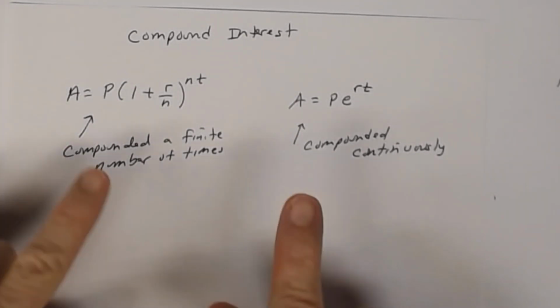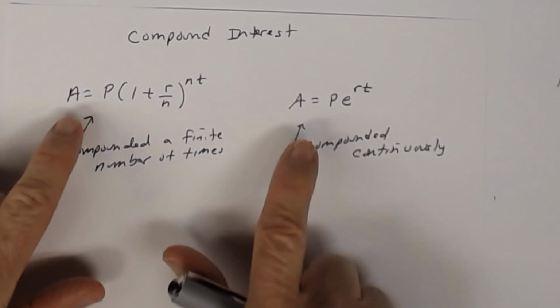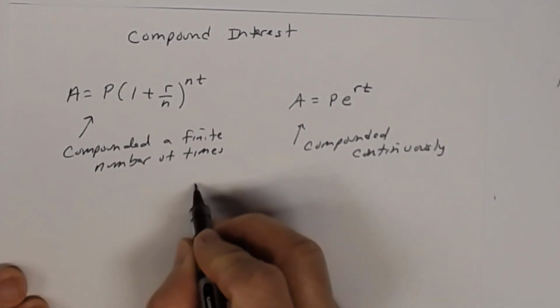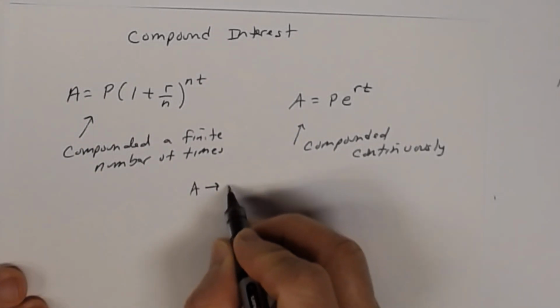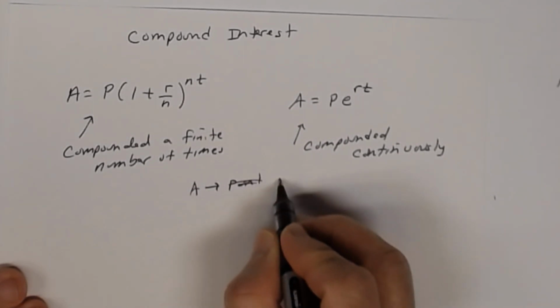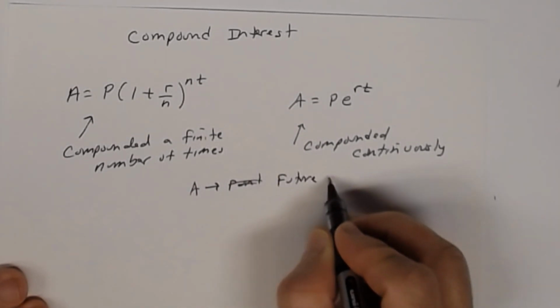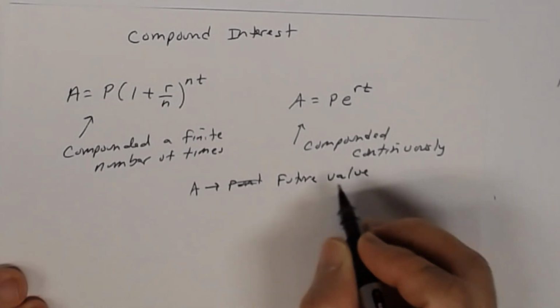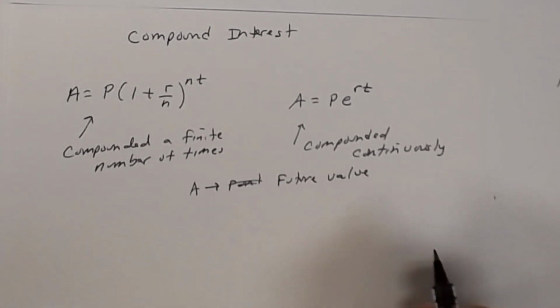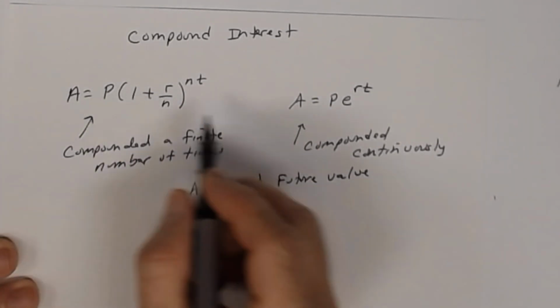So notice that in both of them you see the letter A. A in both cases means future value, or the amount you end up with, but think about it in terms of future value. You see P in both cases.